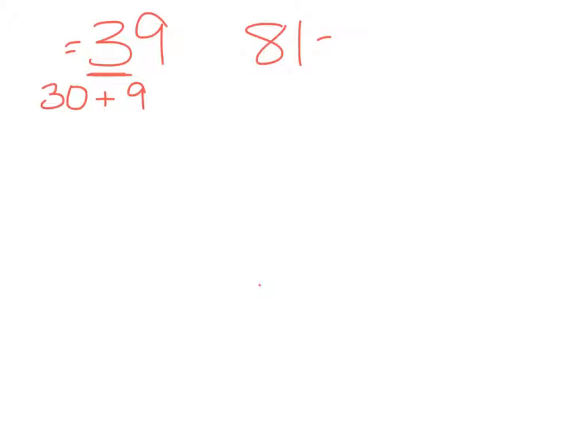And then 81 is equal to 80, which is an 8 in the tens place, plus 1. So then all I have to do is compare my tens place. Since I have a 30 over here and an 80 over here, 30 is less than 80, which means 39 must be less than 81.